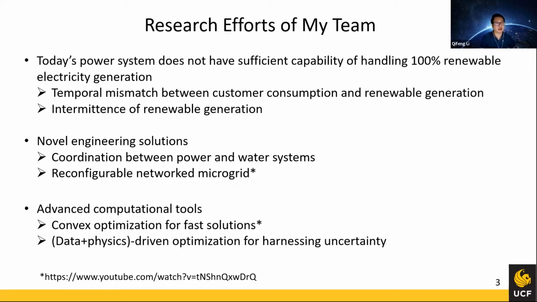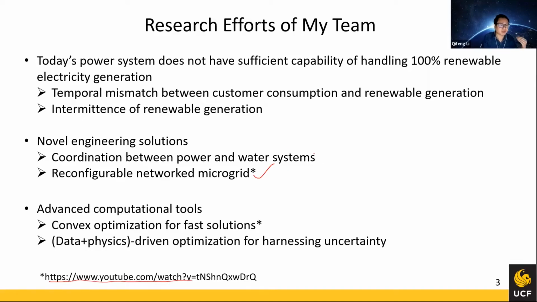For example, if we have multiple small microgrids, and the renewable energy in one microgrid is more than the need of its customers, we can connect it with other microgrids to share this excess electricity. I introduced this aspect in my talk in 2020, and I provide the link here, so if you're interested, you could go and watch that presentation.